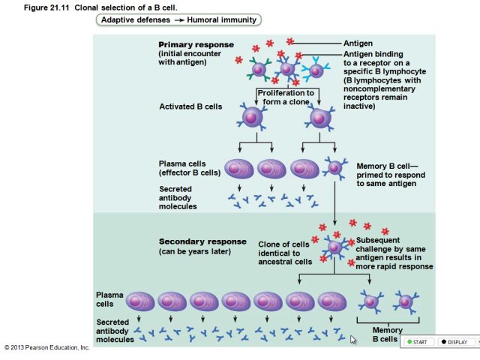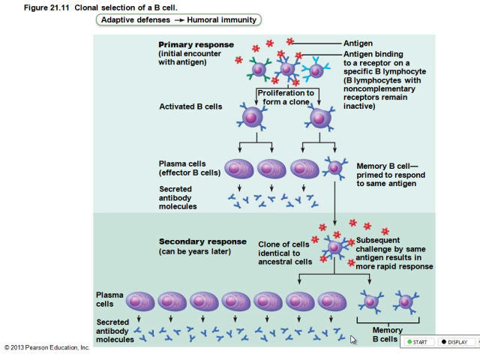Once those cells become activated and see the foreign substance they've been waiting for their whole lives, what are they going to do? Well, they're going to start making more of themselves so they can chop her head off and fight her off. They're going to start to proliferate and differentiate.